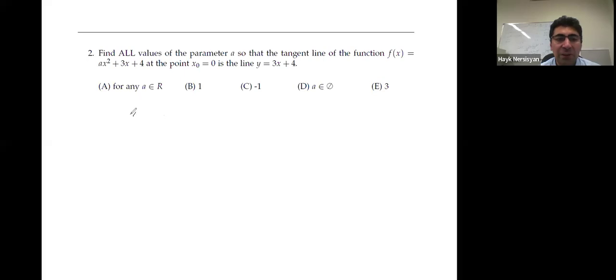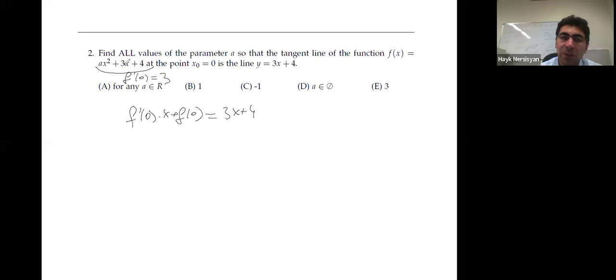Tangent line has the equation f prime(0) times x plus f(0), and we are given that it should be 3x plus 4. What is f prime at 0? If this is our function, f prime at 0 is going to be 3, because the derivative of the first term gives 2ax.